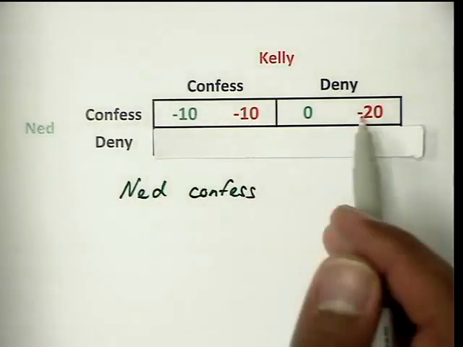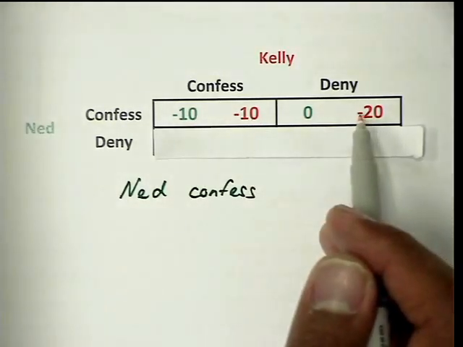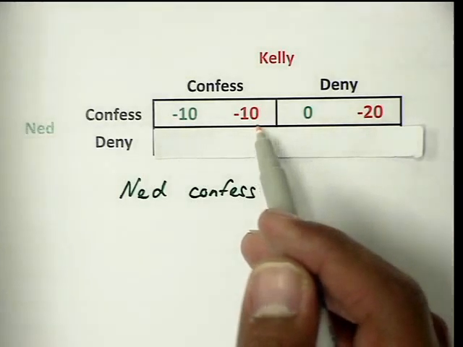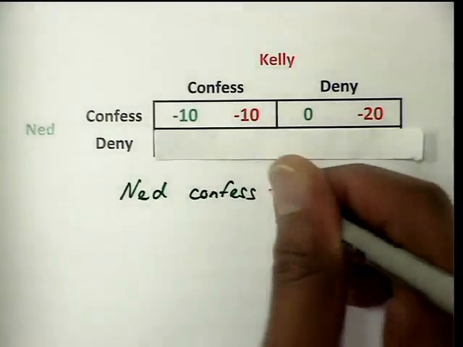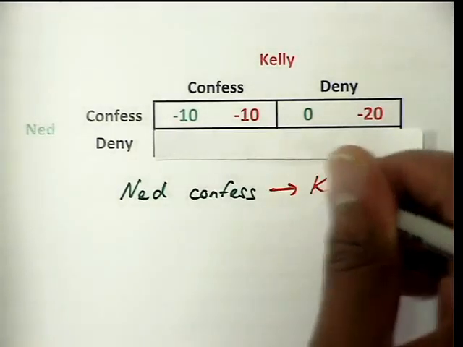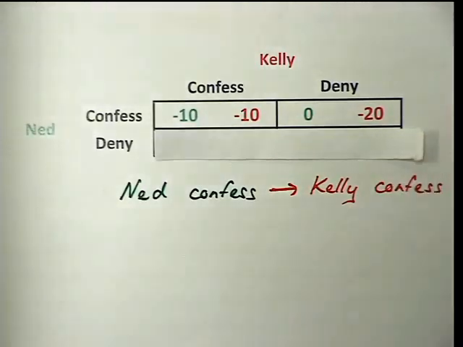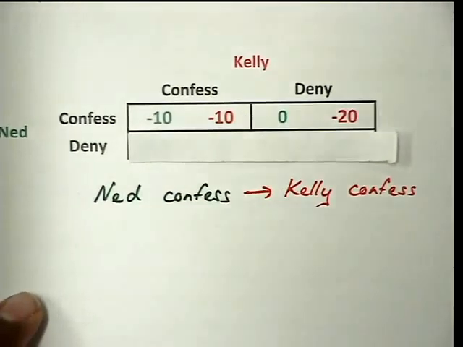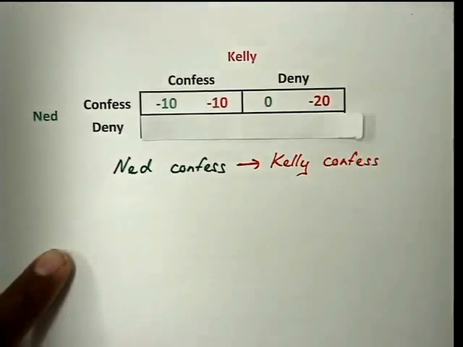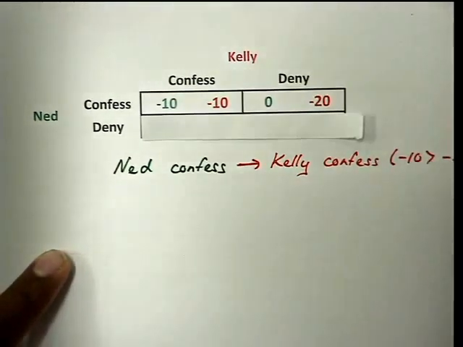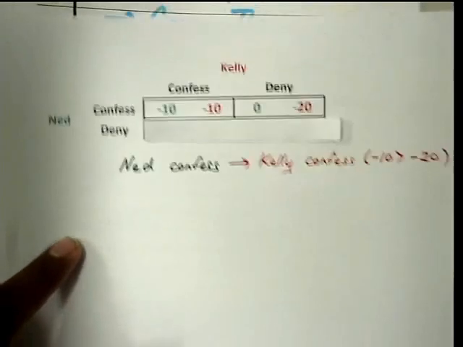So what's better, minus 10 or minus 20? Minus 10. So if Ned confesses, Kelly will choose to confess as well. Why? Because minus 10 is bigger than minus 20.